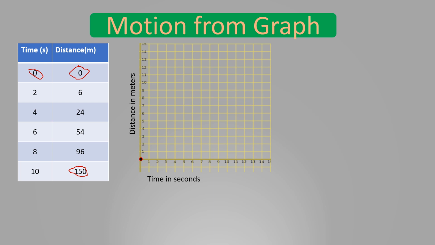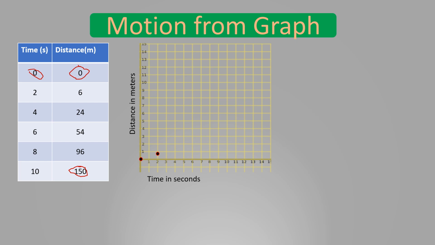In 2 seconds, the distance traveled by the car is 6, and we sketch the point here. Every unit on the x-axis indicates 1 second, and every unit on the y-axis indicates 10 meters. So 6 is roughly here.